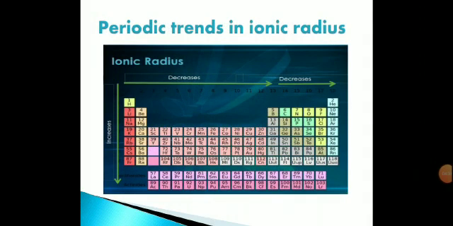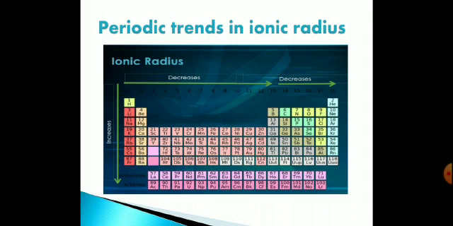Next, as we saw in the atomic size, across the period the atomic size decreases. From top to bottom in the periodic table, the atomic size increases. Similarly, in the case of ionic radius also, across the period from left to right in the periodic table, ionic radius decreases because the electrons enter into the same shell when we are moving from left to right.